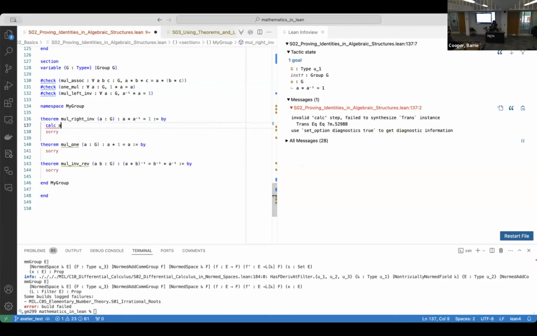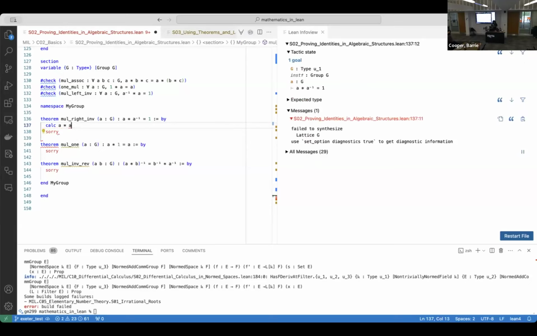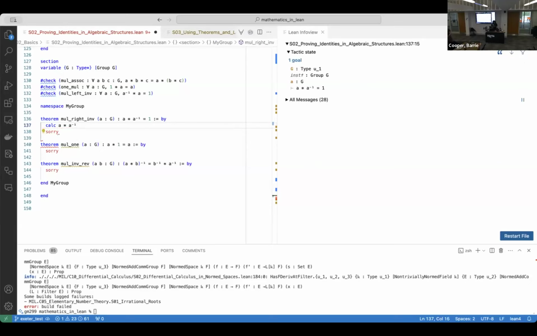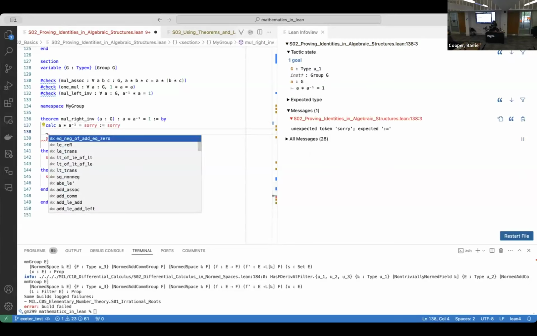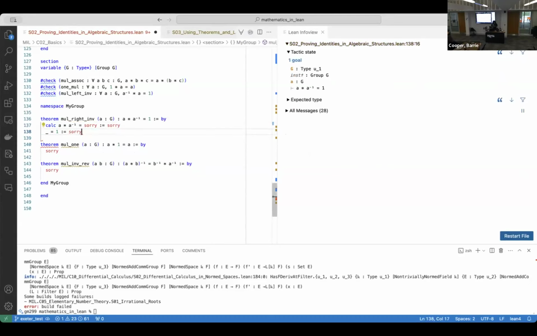So we'll do A times A inverse. To type the inverse, it's backslash inv or backslash -1. And we'll do an equals, and I'll just write sorry, and then equals sorry. And then the last line is going to be an underscore equals 1, and then equals sorry. So that's how we'll template the proof. We'll get rid of that last sorry.